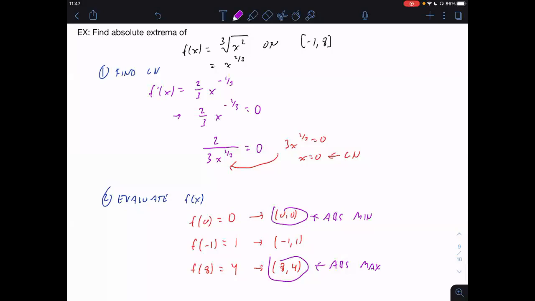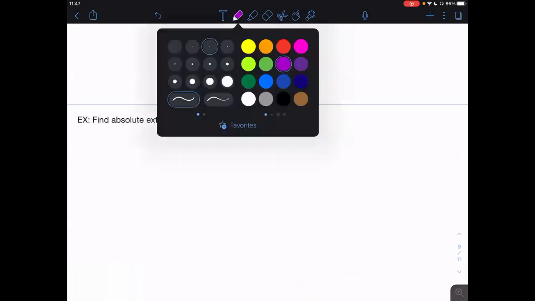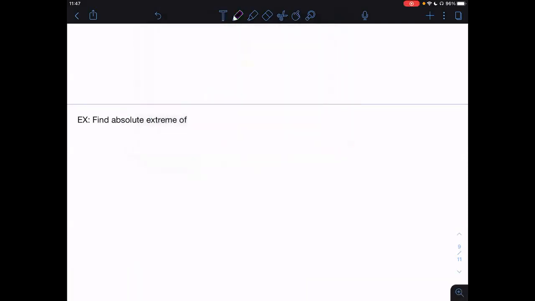Let's do one last one here. One more. Let's find the absolute extrema of a rational function. Are we done with polynomial? We've done the radical. Let's do a rational.